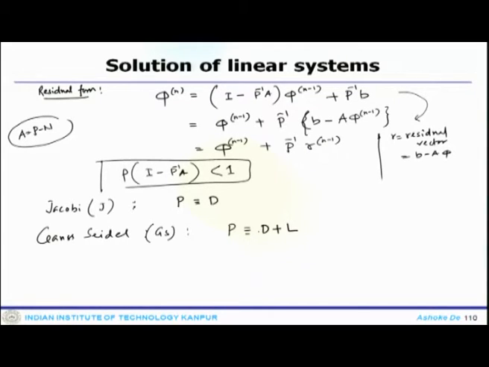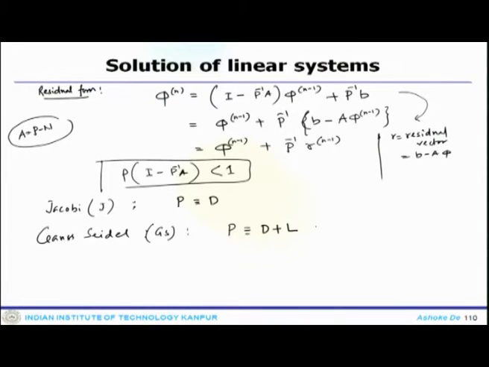That means, when you define a preconditioned system, the preconditioned system can also be used for the Jacobi method and other methods. Here D is the diagonal matrix, L is the lower triangular part of the matrix.